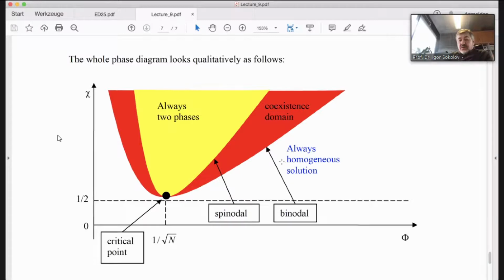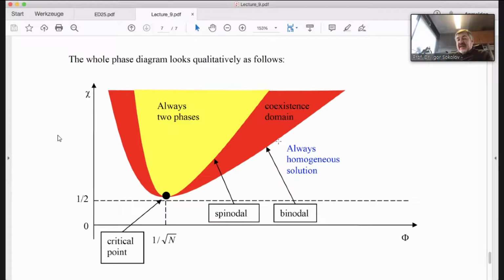The two always, one can show it also mathematically, coincide in the critical point, and in between there is a coexistence domain. And in my system, this coexistence means that I can have either one phase or two phases. And it depends essentially on where I come from.